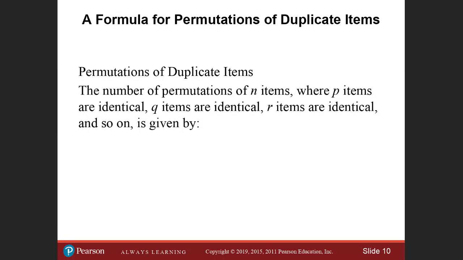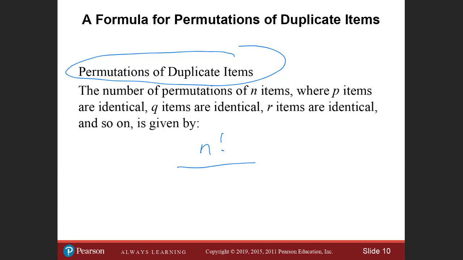The number of permutations of n items where p items are identical, q items are identical, r items are identical, and so on, is given by this formula: n factorial over p factorial, q factorial, and r factorial. And it continues if you still have more. So this three dots means it continues.